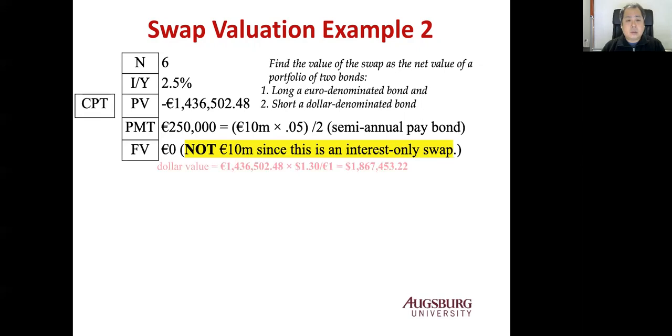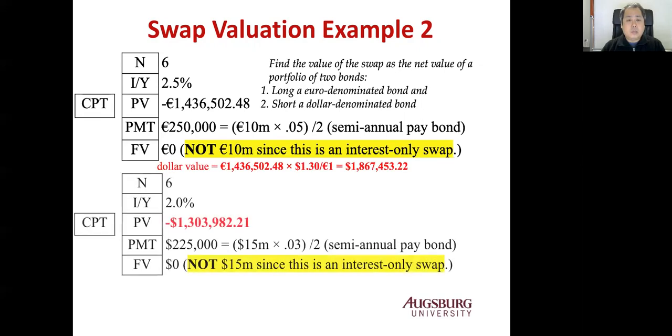So first, you receive euro, and you pay dollars. So let's find the euro value first, and you find these present values. And N is 6, because it's a 3-year bond, right? And semi-annual, so 3 times 2 is 6.